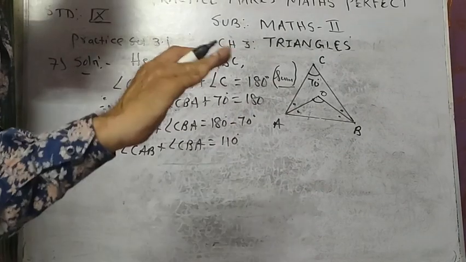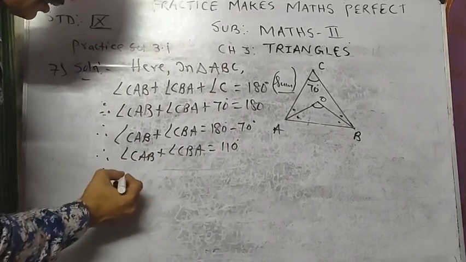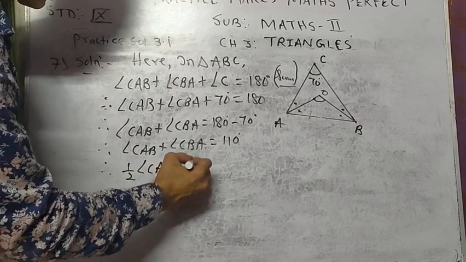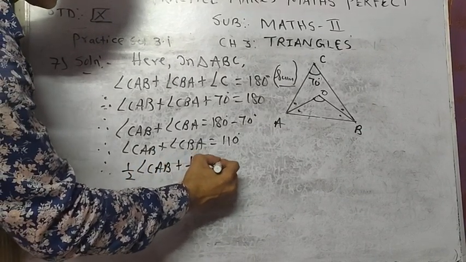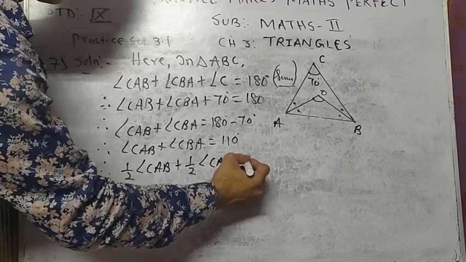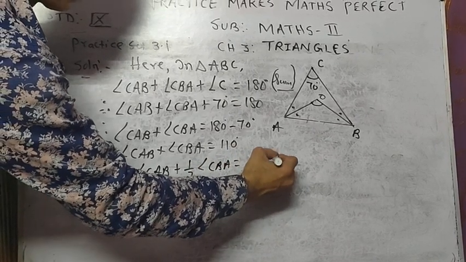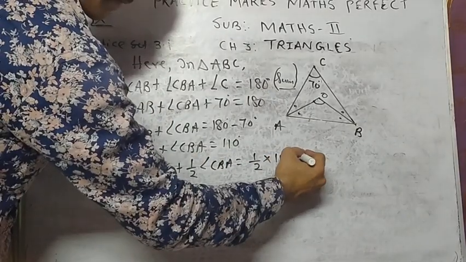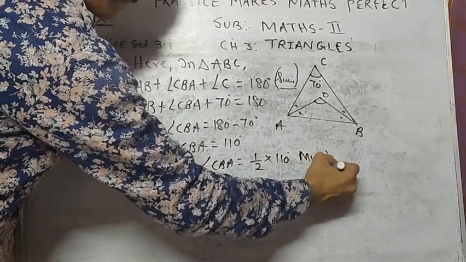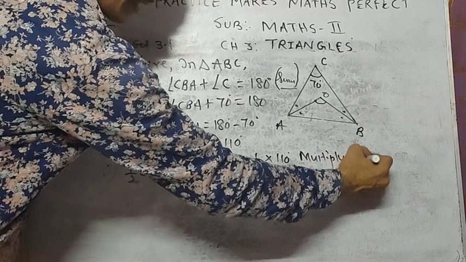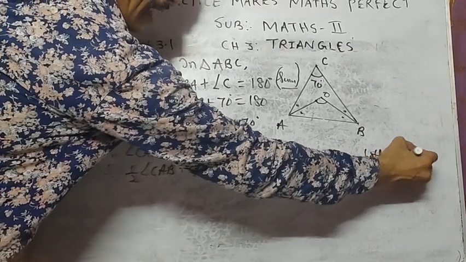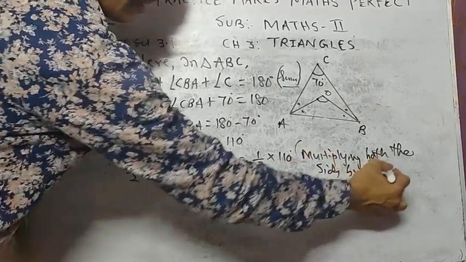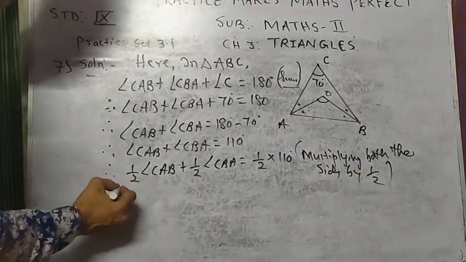Therefore half of angle CAB plus half of angle CBA is equal to half of 110, multiplying both the sides by 1 upon 2.